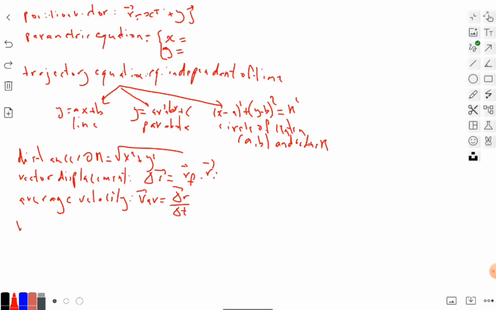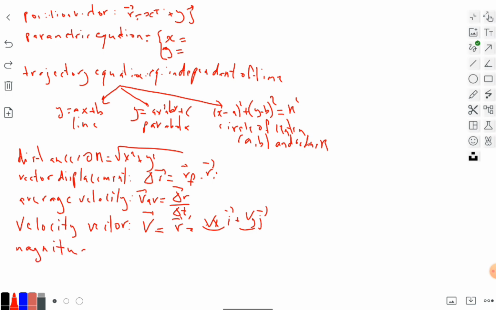Velocity vector v equal r prime, the derivative of r, is equal to vx i plus vy j. After derivative, this is vx and this is vy. Magnitude of velocity equal radical vx square plus vy square.